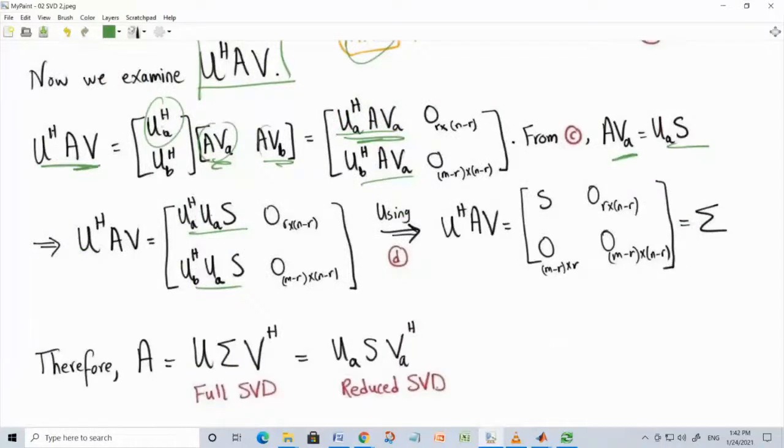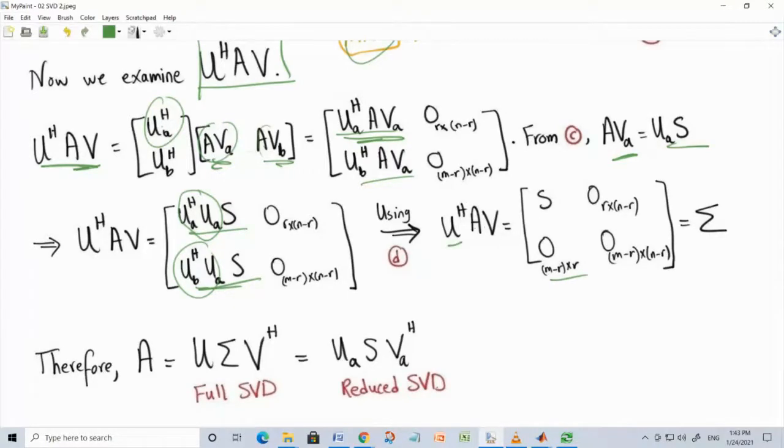And what is UA Hermitian UA? Those vectors are orthonormal, and so here you get the identity of size r. And here you get UB Hermitian UA, and the columns of UB are obtained by design in such a way that they are orthogonal to every column in UA, so this will give you an all zero matrix.